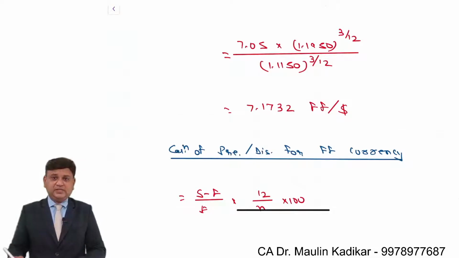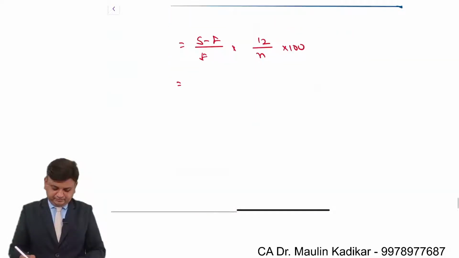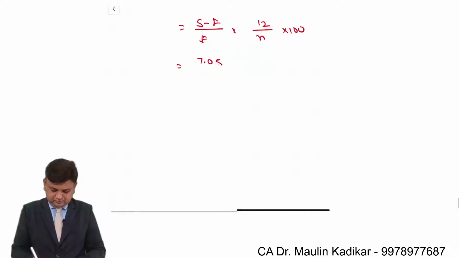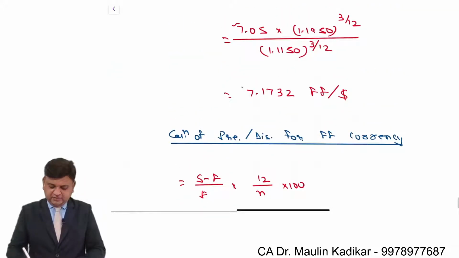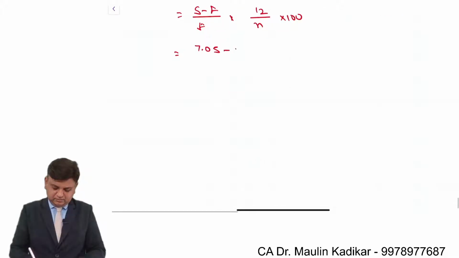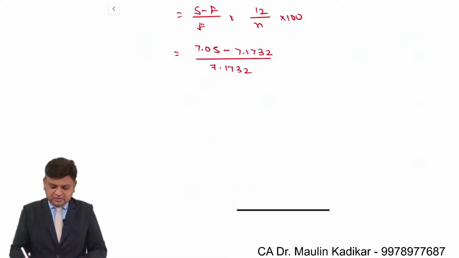The spot exchange rate is 7.05. Forward exchange rate is 7.1732. Divided by, again forward exchange rate is 7.1732 into 12 divided by 3, that is the time period, into 100 for getting answer in percentage term.